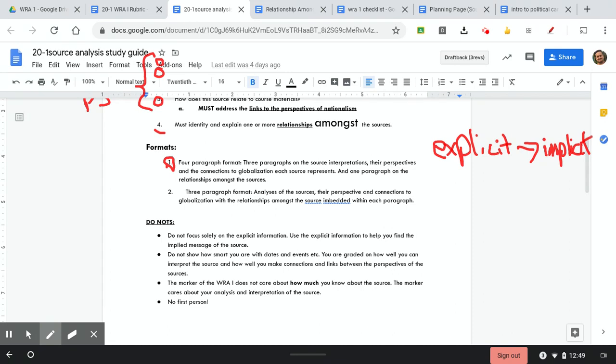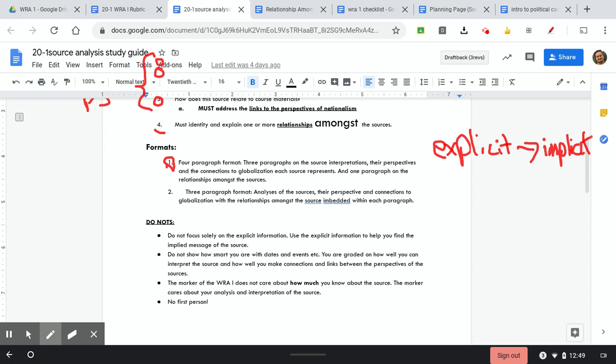Some of that information will be useful, especially for providing context. However, you want to make sure you're focusing on what the source is saying about this. So the source's values, their perspective. That's what we are looking for.